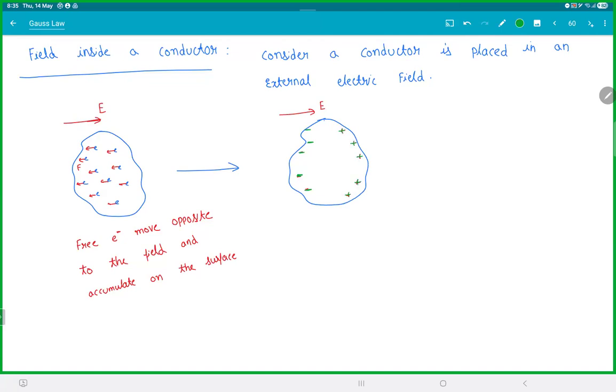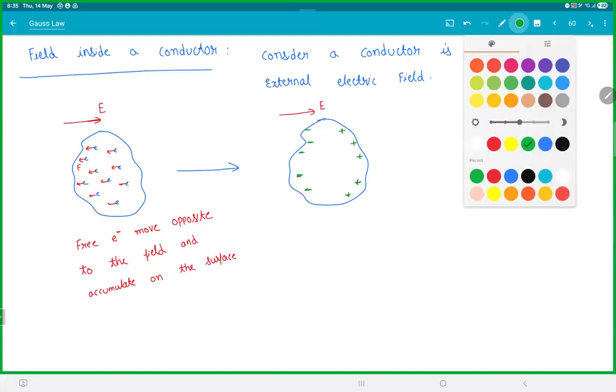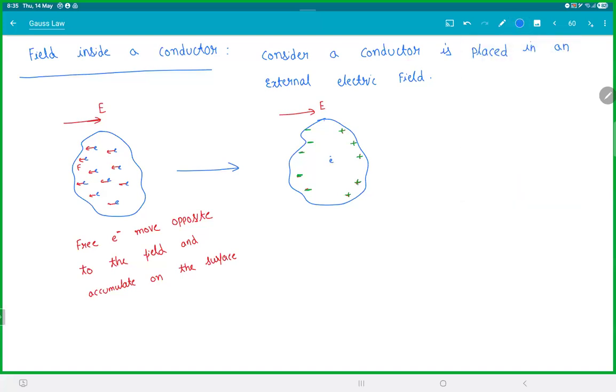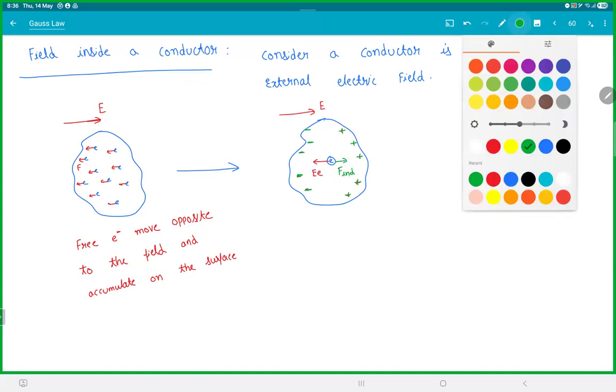These charges will generate a counter field. If you look at an electron in the middle, this electron is getting attracted by this force, which is E, and also these induced charges are pulling it to the right. This is an intermediate stage.